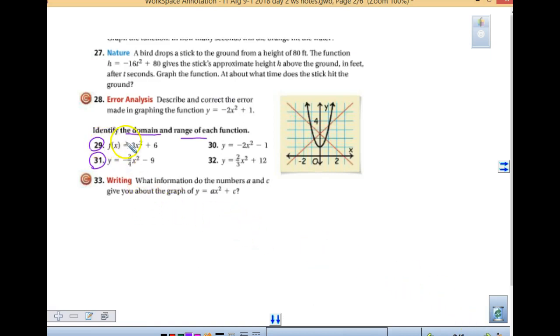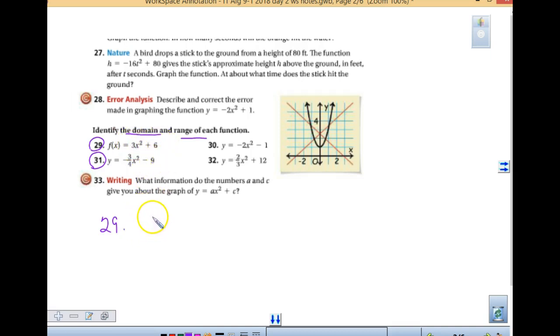question 29 said identify the domain and range of each one. So the best thing you would need to find in this was your vertex. We'll do 29 instead of 31, because you should be able to do that. In 29, what do we know if there's no middle term and we just have an x squared?